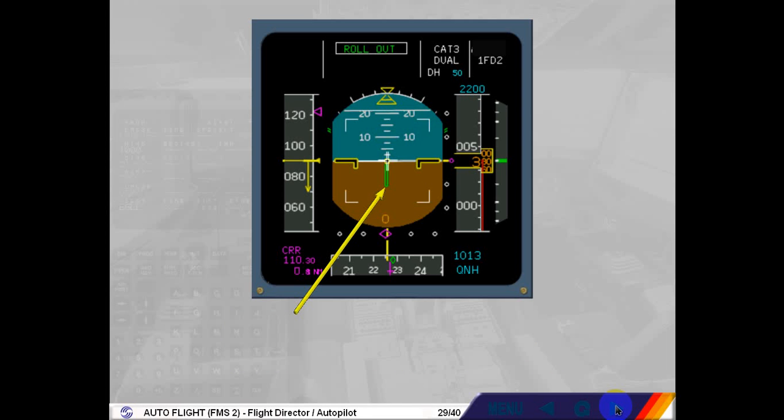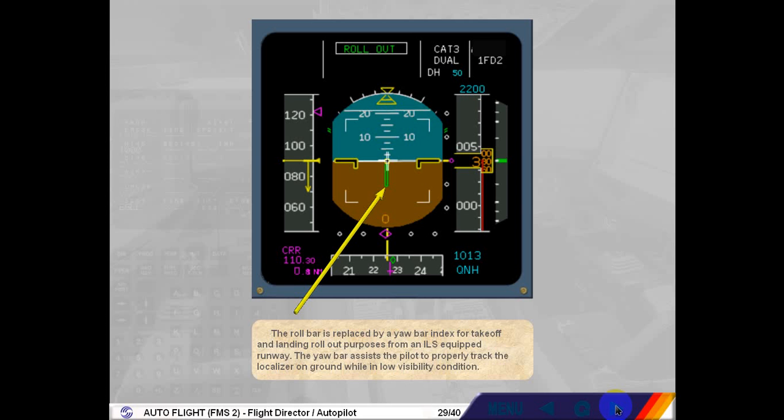The roll bar is replaced by a yaw bar index for takeoff and landing rollout purposes from an ILS-equipped runway. The yaw bar assists the pilot to properly track the localizer on ground while in low visibility condition.